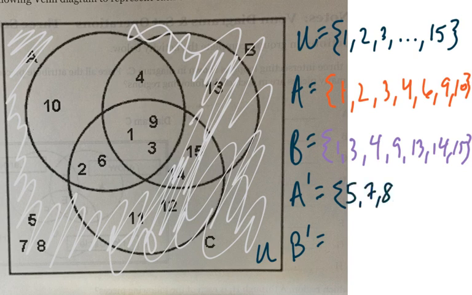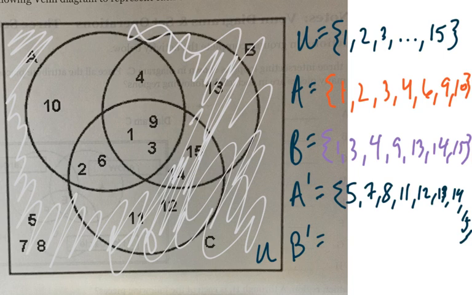And then everything in B and C that is not in A. So 11, 12, 13, 14, 15. Okay. Sorry, I ran out of room on the right side, so it's kind of squished.